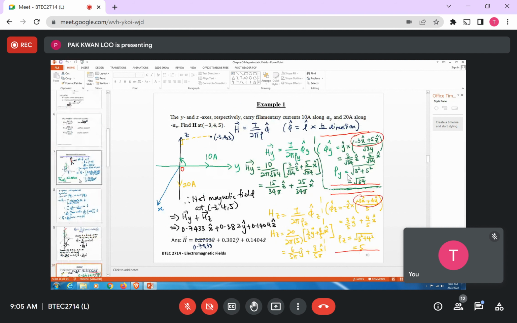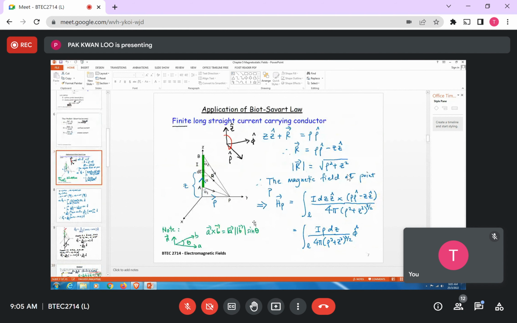As long as we manage to establish the position vector from the source, from the contributor, towards the point of interest.